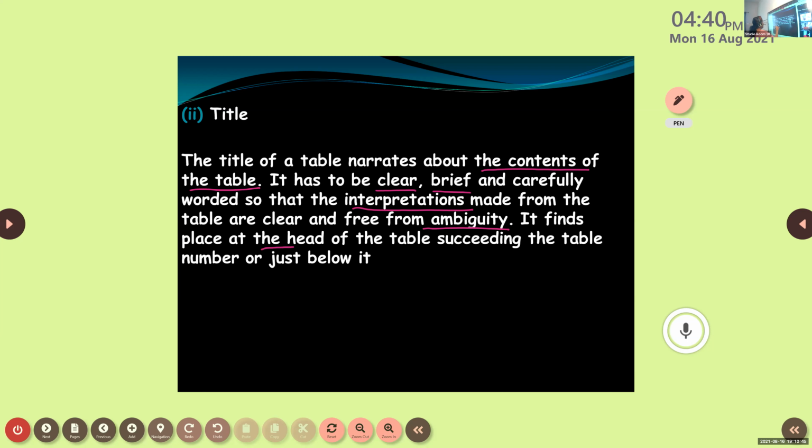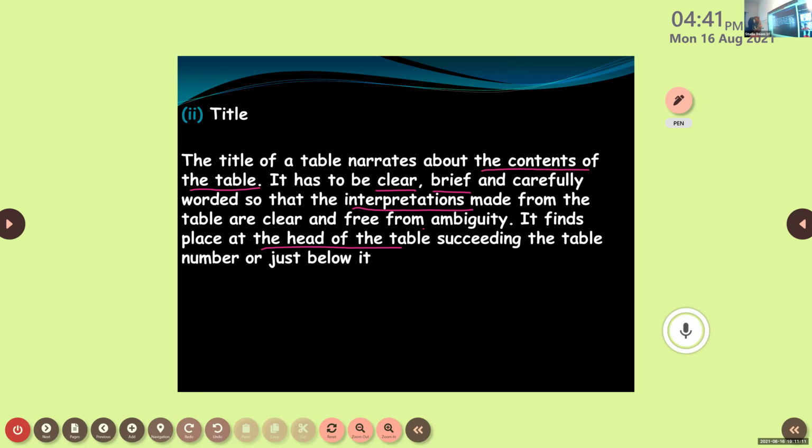At the head of the table, after the table number or just below it. Either we give the table number 4.5 and the title below it, or we can give the title just beside it. Title means it clearly shows the contents of the table.